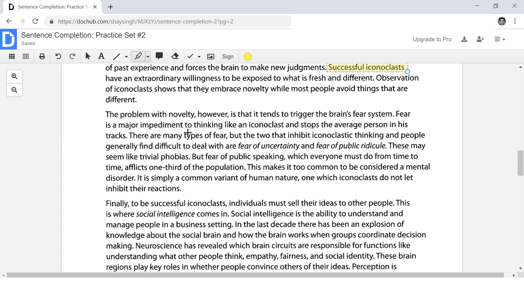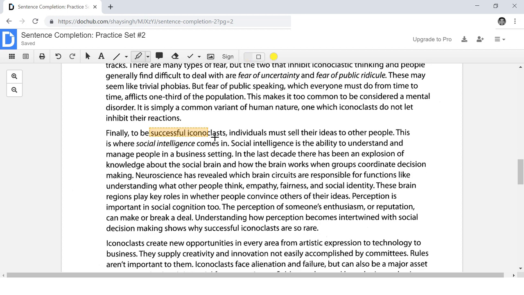So I'm going to keep looking for that keyword, something about demanding, something about being successful. Here I see successful iconoclasts again. So maybe our answer is around here. But I also want to look for demanding. I want to find out the reason why being a successful iconoclast is demanding.